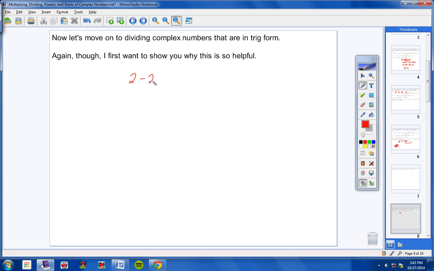If I had 2 minus 2i divided by 3 plus 4i, I'm just making this up, okay? Now, what you'd have to do is this. You would have to multiply the top and the bottom by the conjugate of this. And the conjugate of this would be 3 minus 4i. That's a lot of work, okay? First of all, you're going to get this for the numerator.